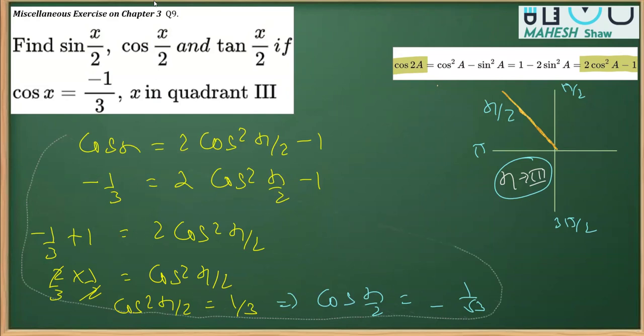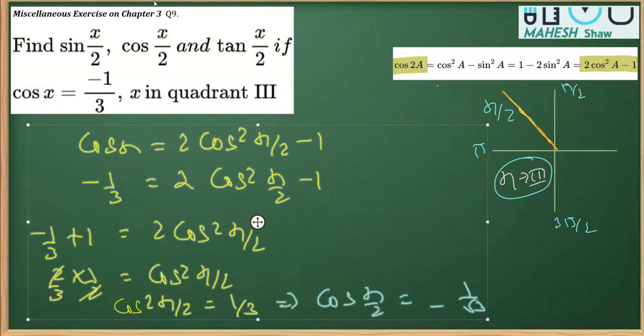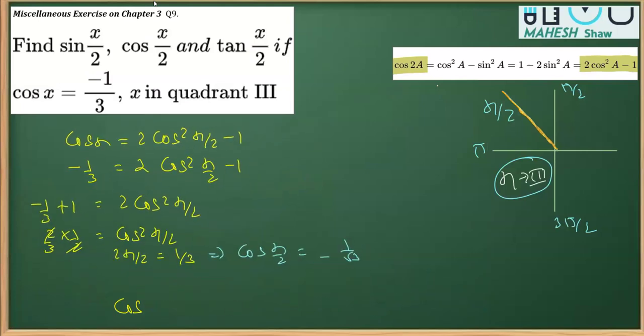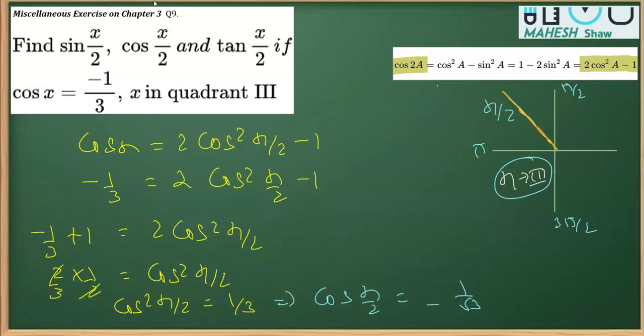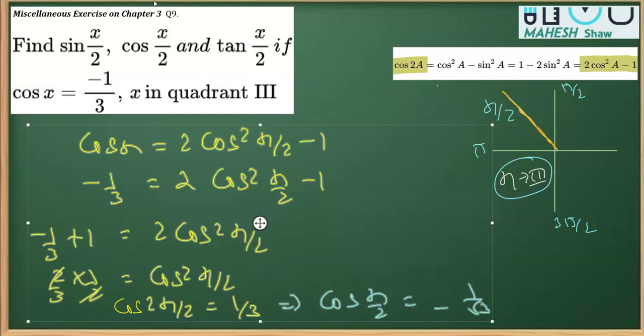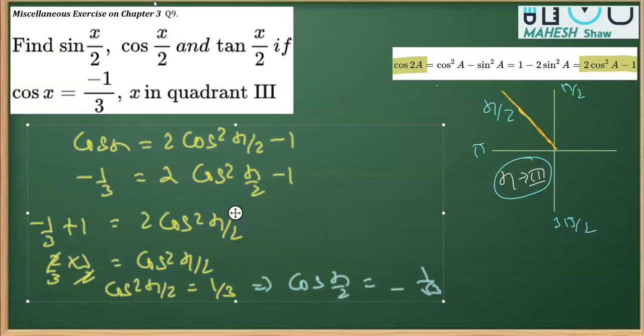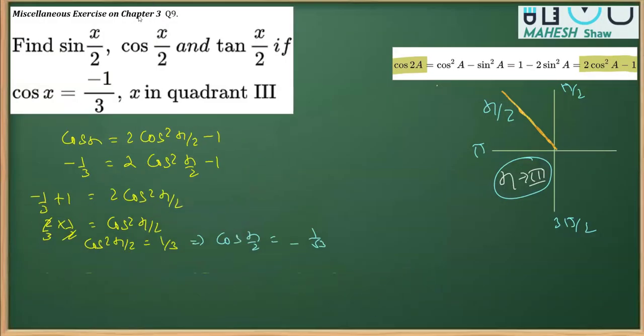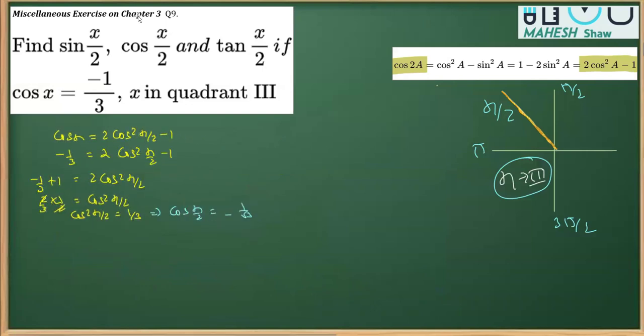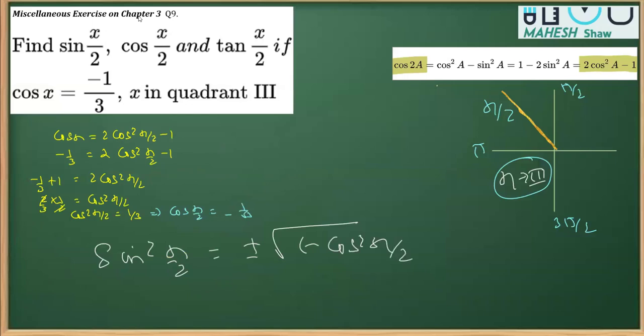We can use the trigonometric relation between sine and cos, that sin square x by 2 plus cos square x by 2 is 1.